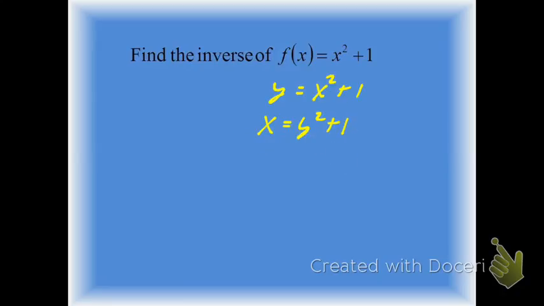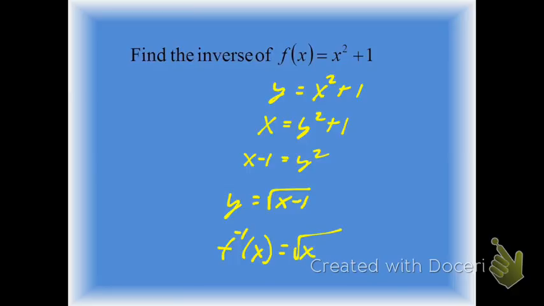Then solve for y again. You subtract 1 over, so x minus 1 equals y squared. Then we undo that square power with a square root. So y equals the square root of x minus 1. Rewrite in function notation: f inverse of x equals the square root of x minus 1.